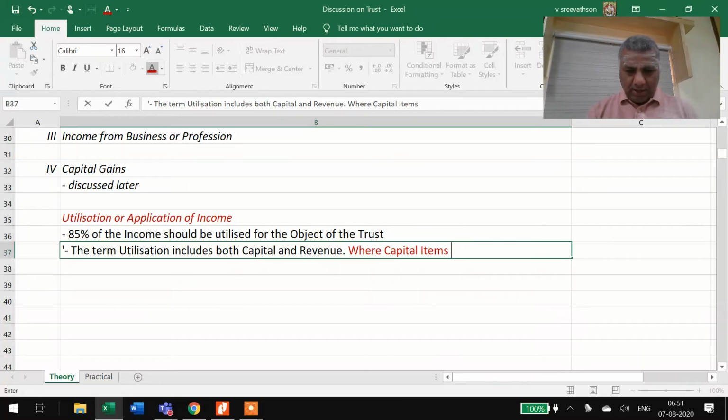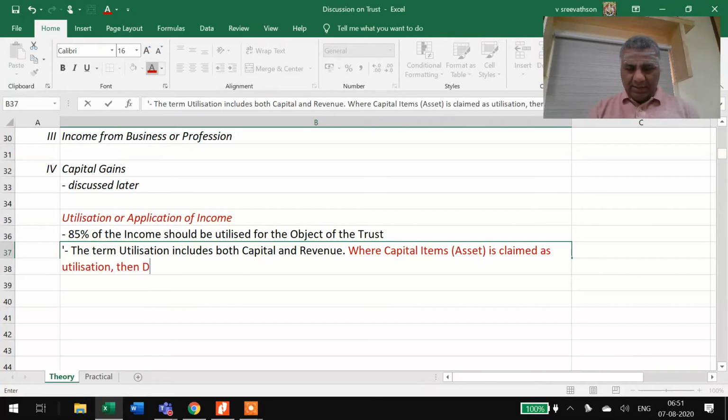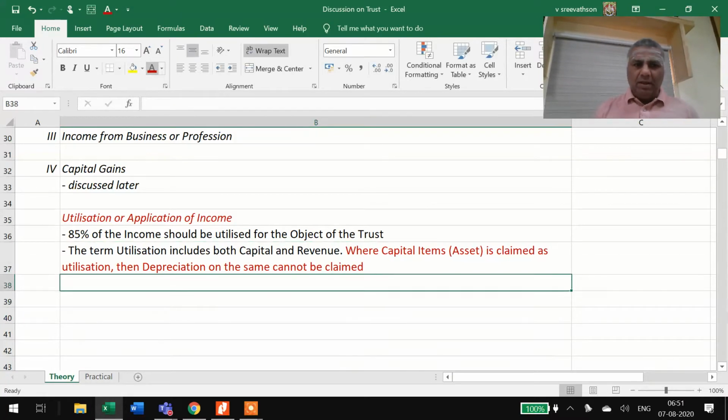You also understand it as, if an asset is claimed as utilization, then depreciation on the same cannot be claimed. Simple law, like scientific research, like specified business.